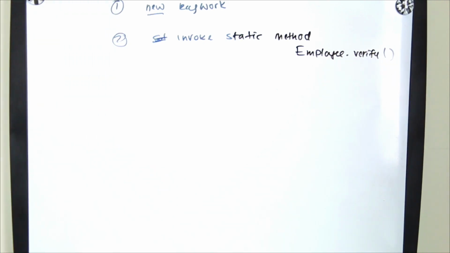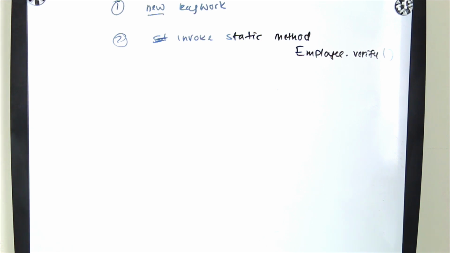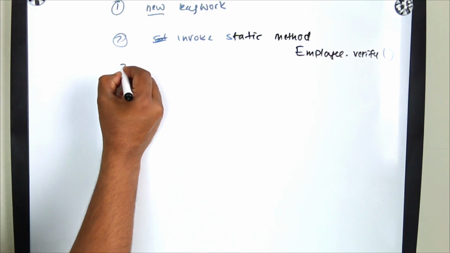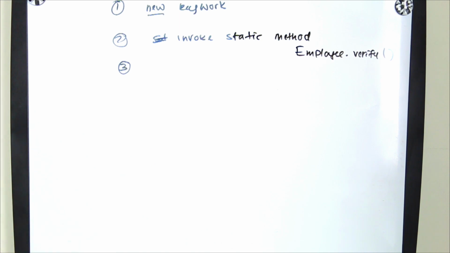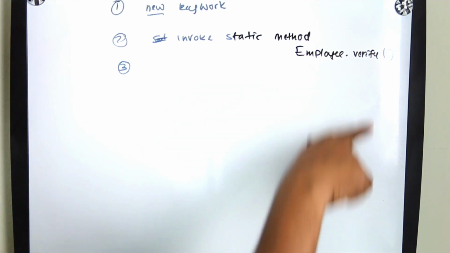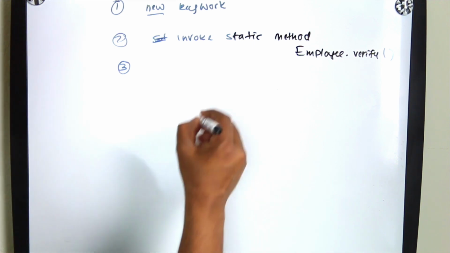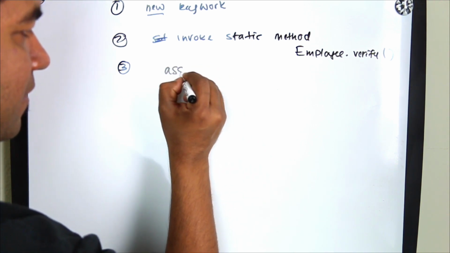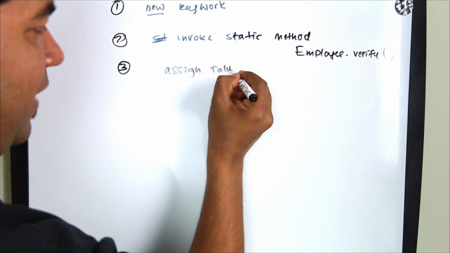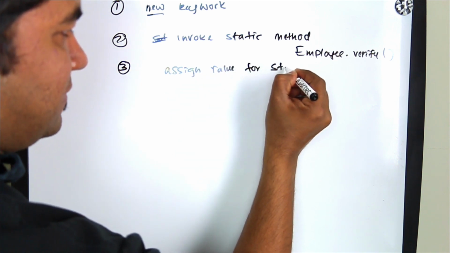Without creating an object, you invoke this static method. That case is also considered active use. The third one is that you can assign a value to a static field in this class. In this case also you are not creating an object, but you assign a value to some static field of the employee class.